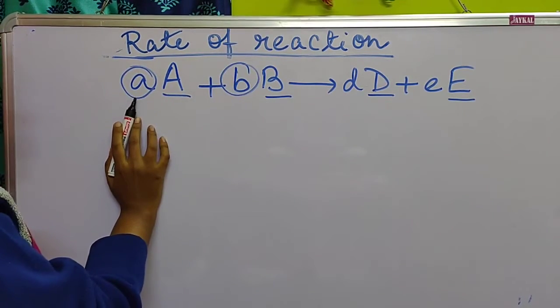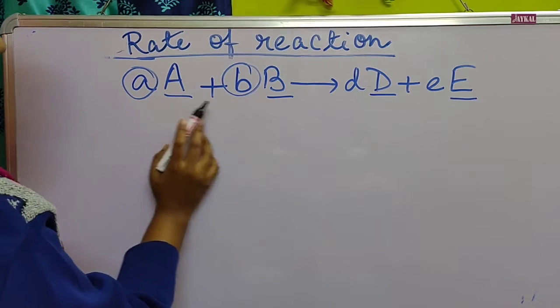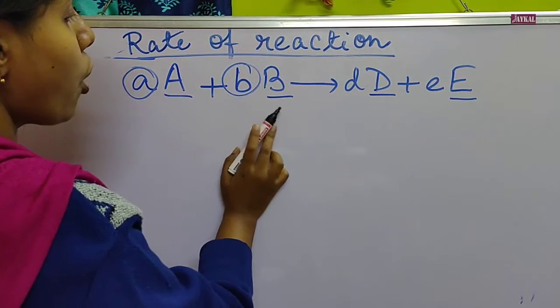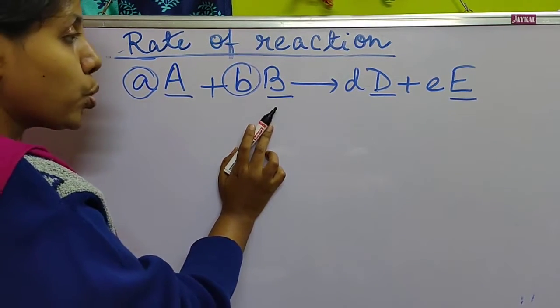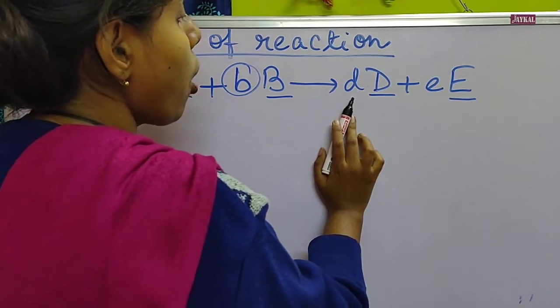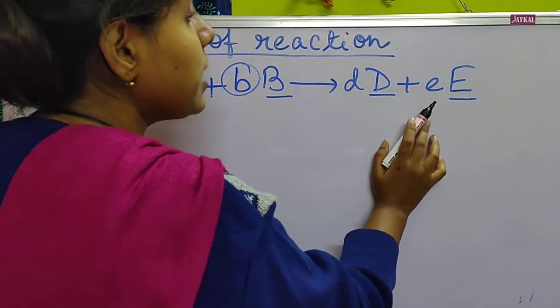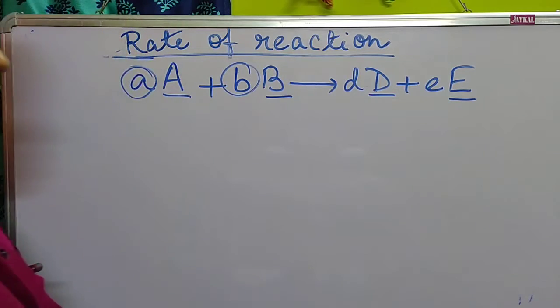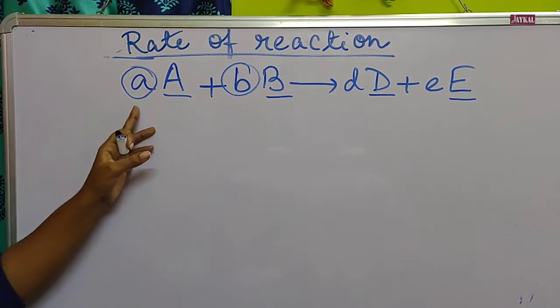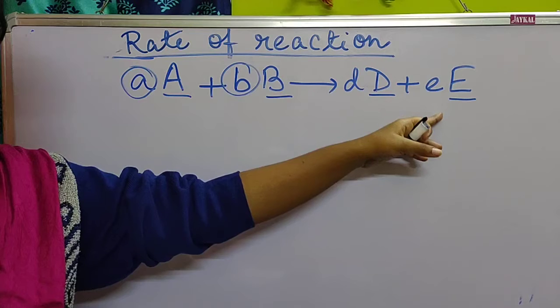Suppose a moles of reactant A reacts with b moles of reactant B to produce d moles of D and e moles of E. They are their respective mole numbers.